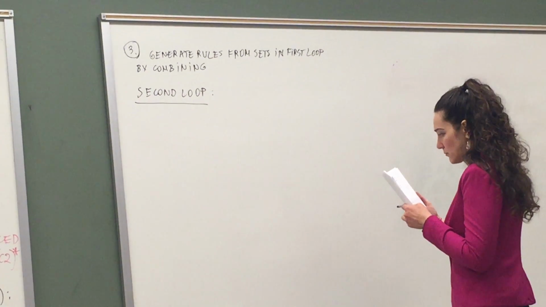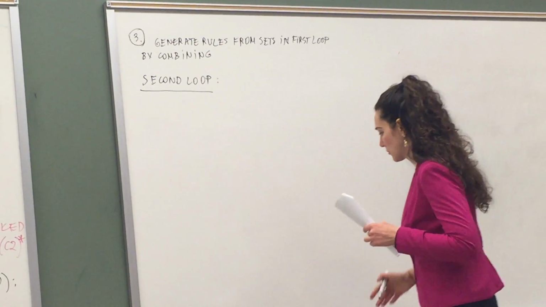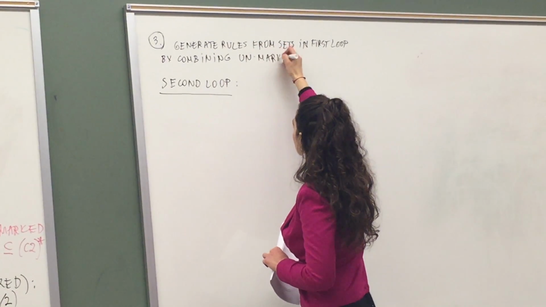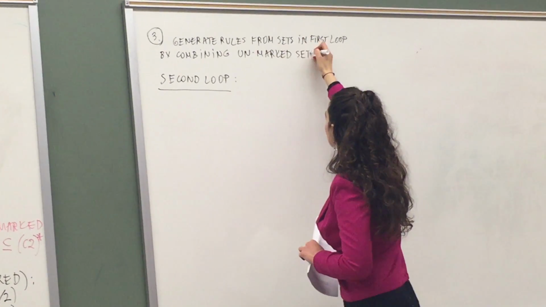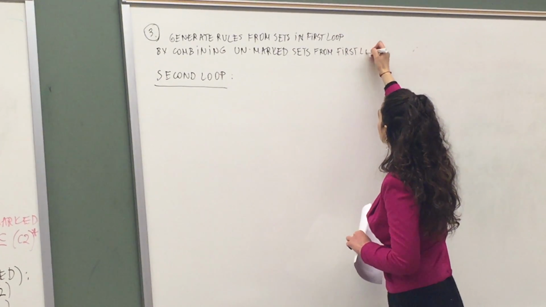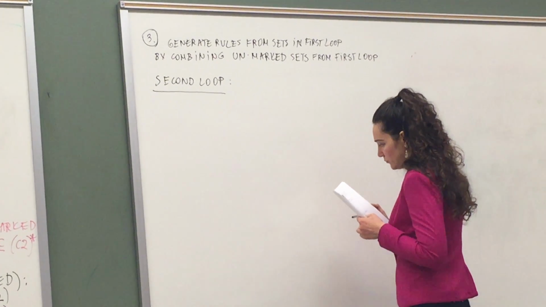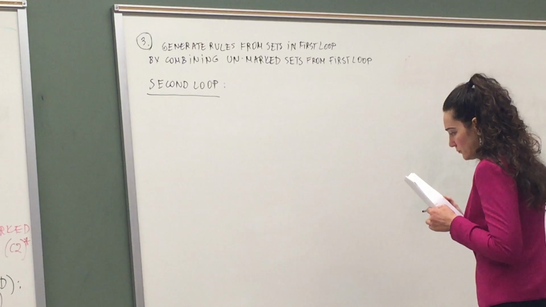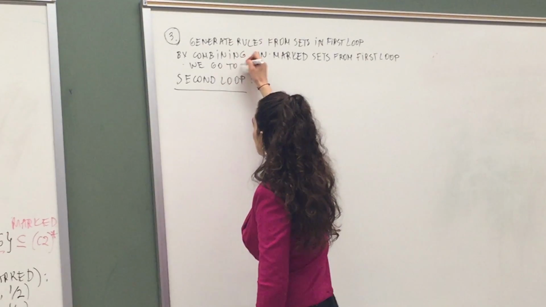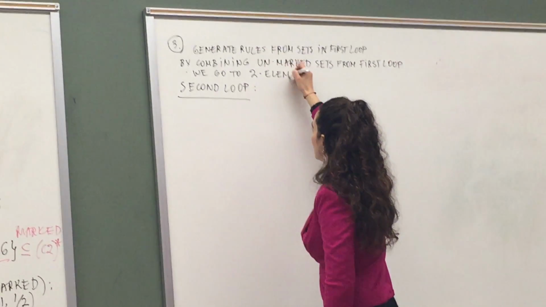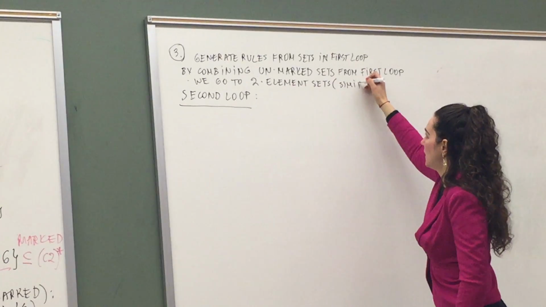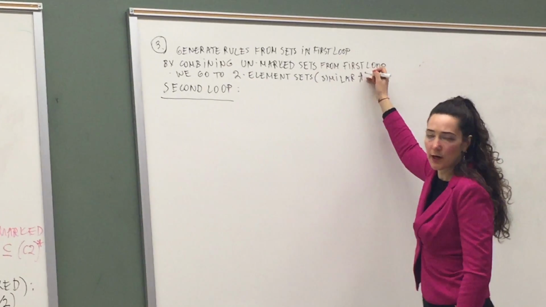Generates rules by combining unmarked sets from first loop. In other words, we go to 2 element sets, similar to what we did in the a priori algorithm.